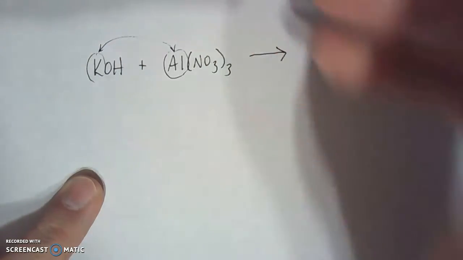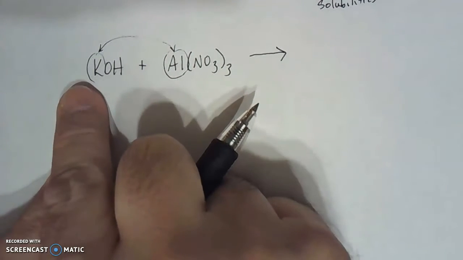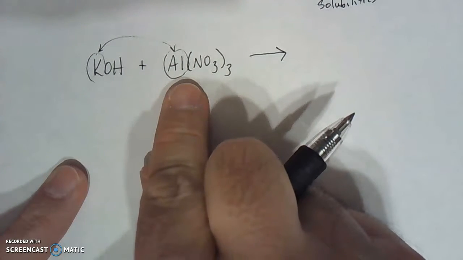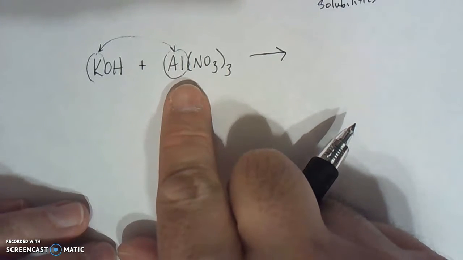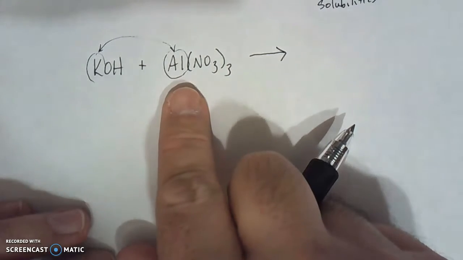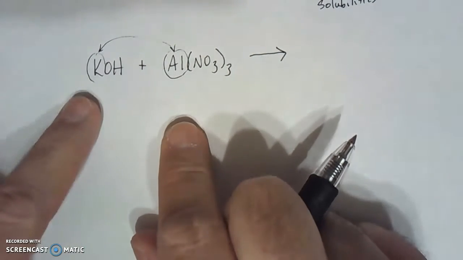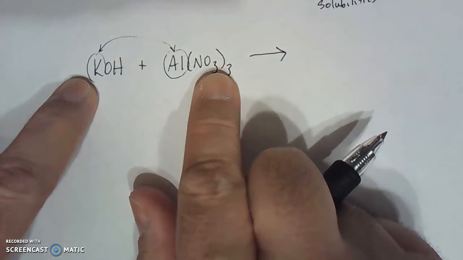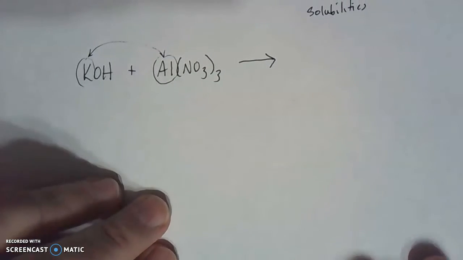But we have to worry about charges with these. So K is +1, Al is +3. So look at your periodic table or polyatomic ion charts. Those are in your note packets from the first unit we did on a review of chemistry. So K and NO3 are going to go together, and aluminum and hydroxide are going to go together.